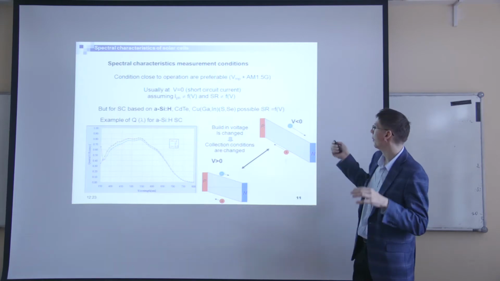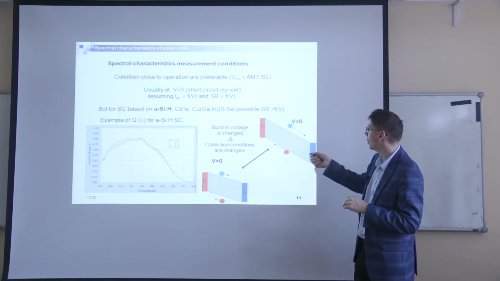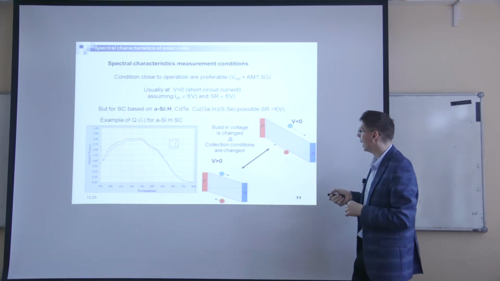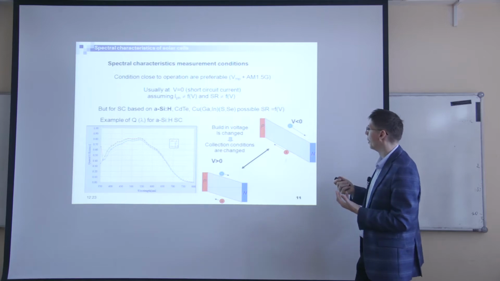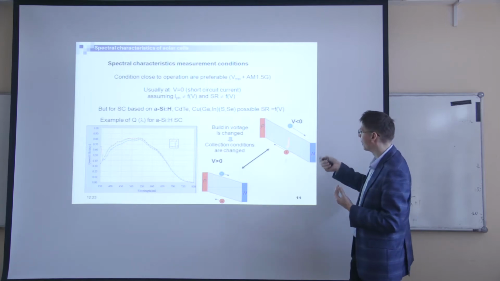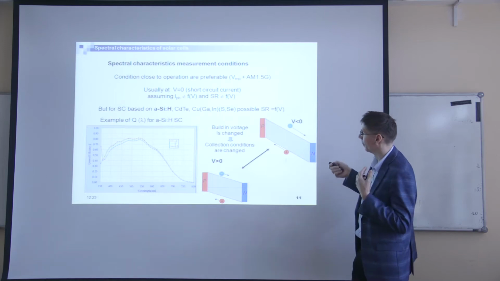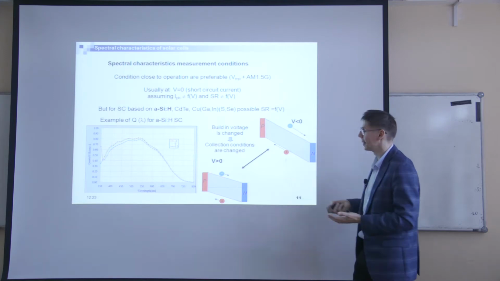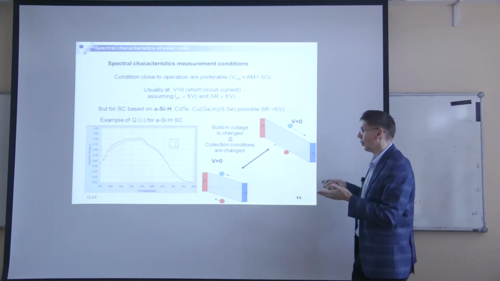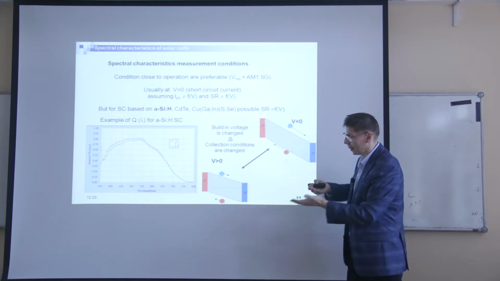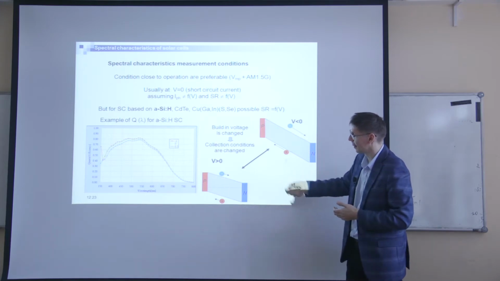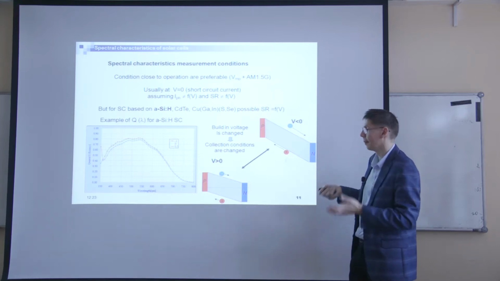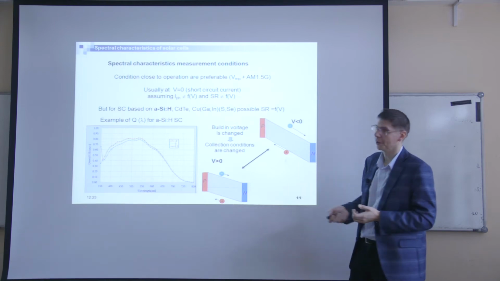So you see, when you apply some negative voltage, you increase the field in the undoped region, and by increasing the field, you actually decrease the recombination, because if there is no field here, or if the field is less, the charge carriers would recombine easily, especially if you have a lot of defects in this region.